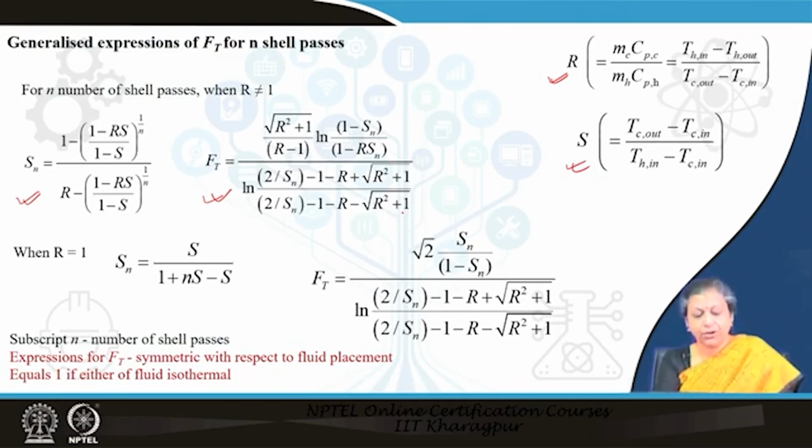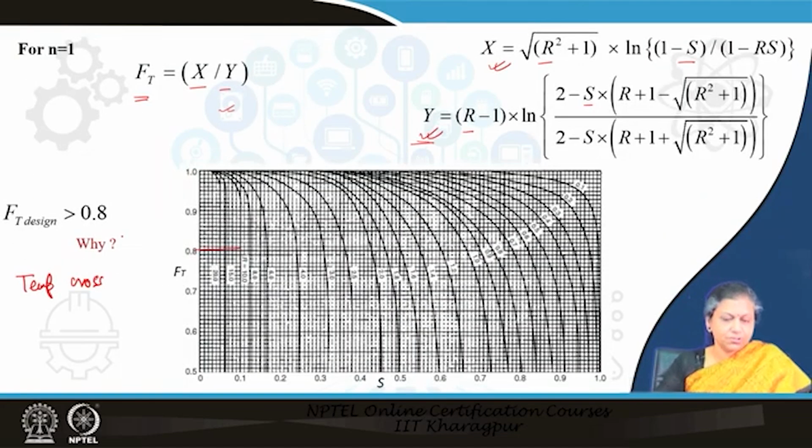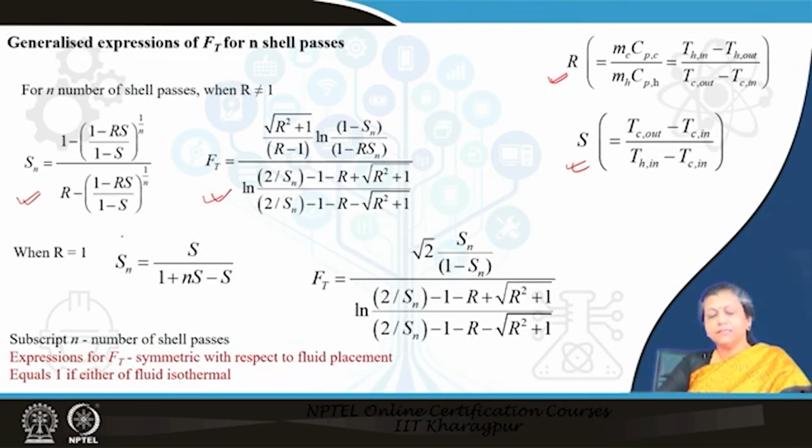Now, remember one thing: if you look at these expressions, you will find that they are symmetric, and it does not matter where the fluids are placed. If the hotter fluid is on the shell side, or the cooler fluid is on the shell side, the Ft is the same.